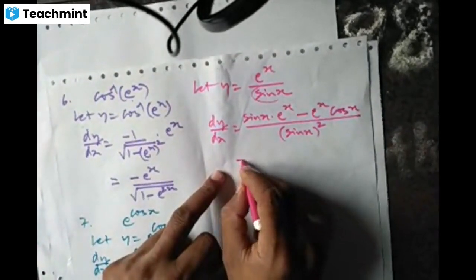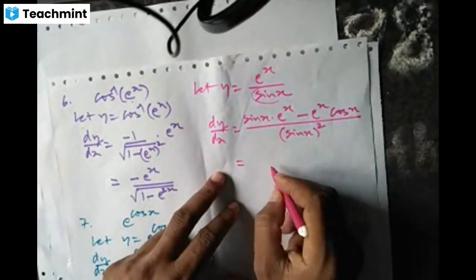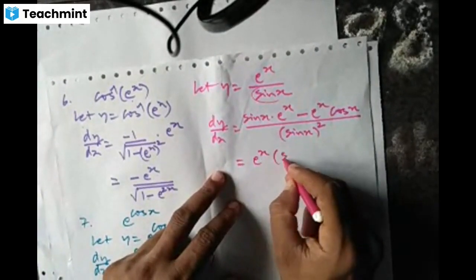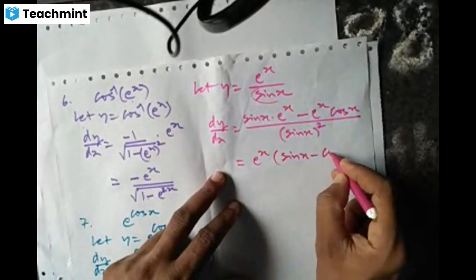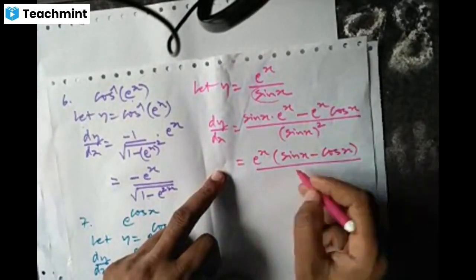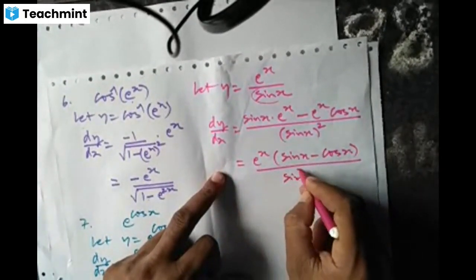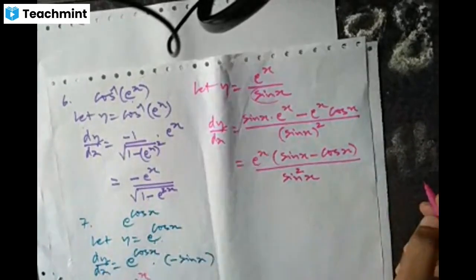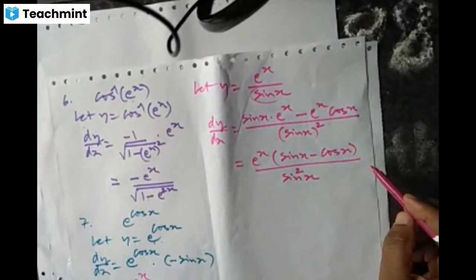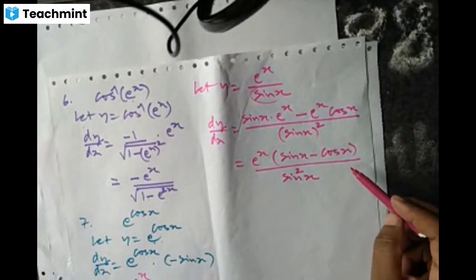So further we can rewrite this. We can take e^x common, and write e^x into (sin x minus cos x) whole thing divided by (sin x) whole square, or it can be written as sin square x, correct? So this is the derivative of the given function.